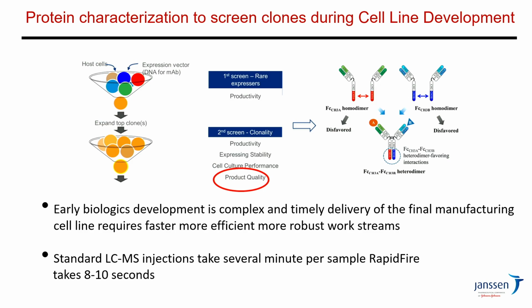So we are trying to produce a heterodimer, but in the process we are also generating homodimers due to a mispairing of chains. So in order to accelerate the analysis, we moved away from LC-MS to RapidFire MS for high throughput analysis, where cycle times are in the orders of 8 to 10 seconds. We can even go faster, up to 2 seconds per sample.